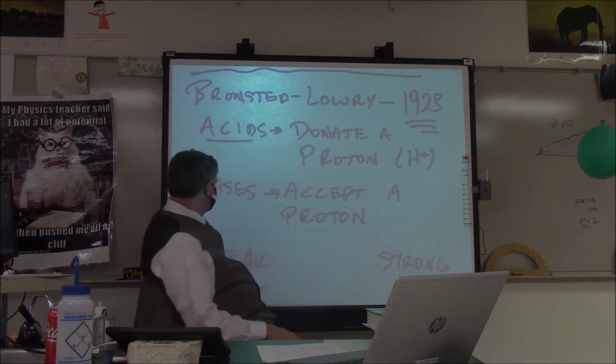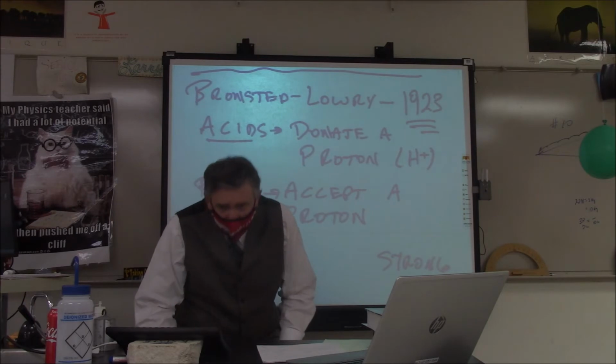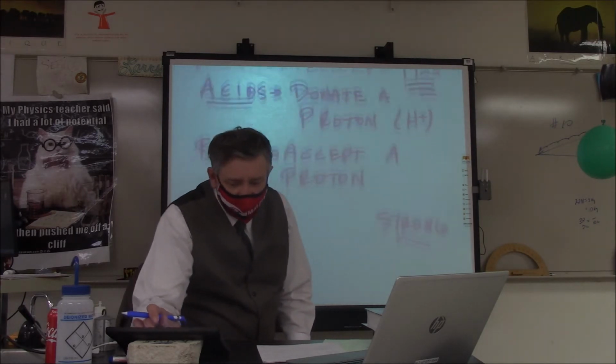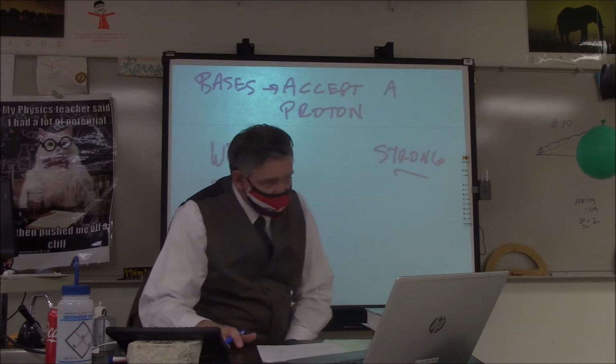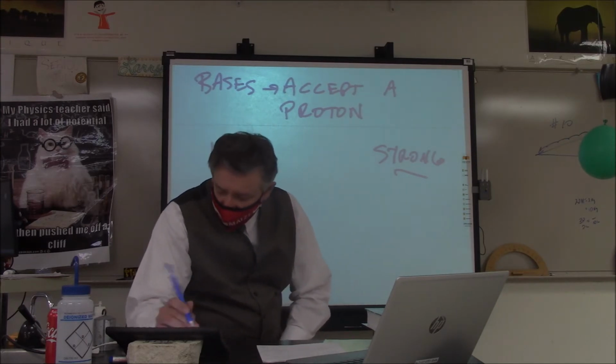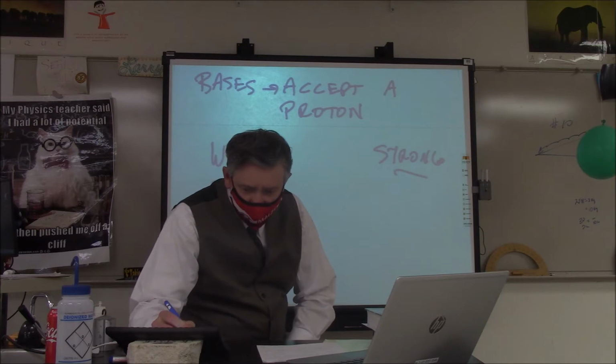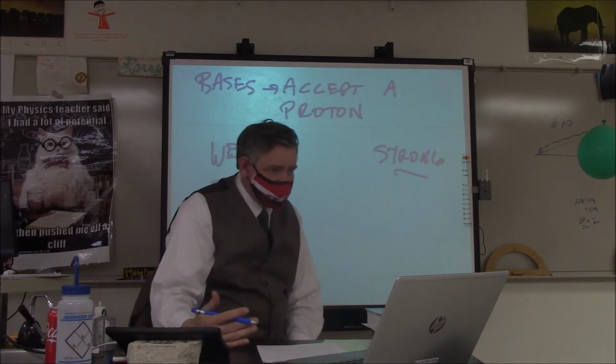With that said, here's the difference between these two: you have weak acids and you have strong acids. Weak acids, when you put them with water, only have a slight percentage that are going to ionize.